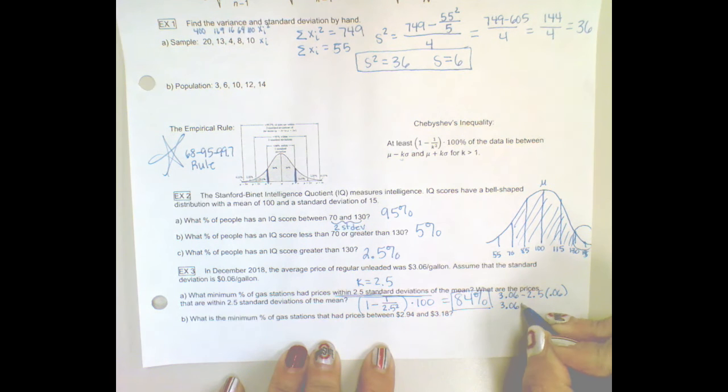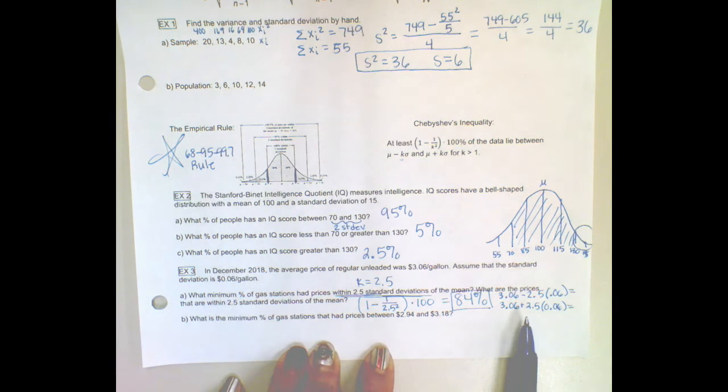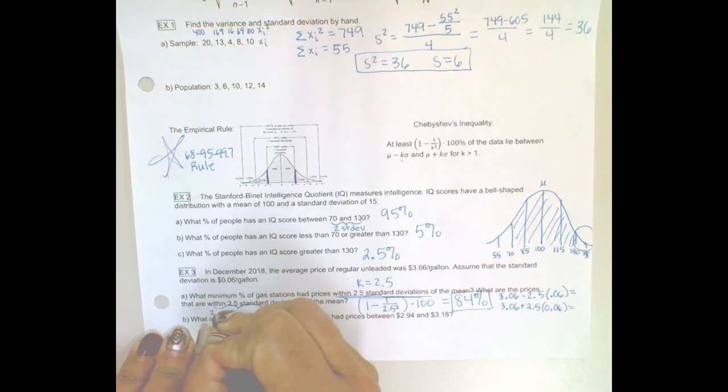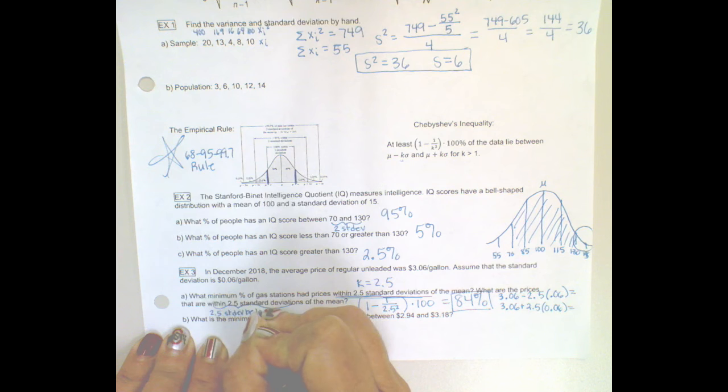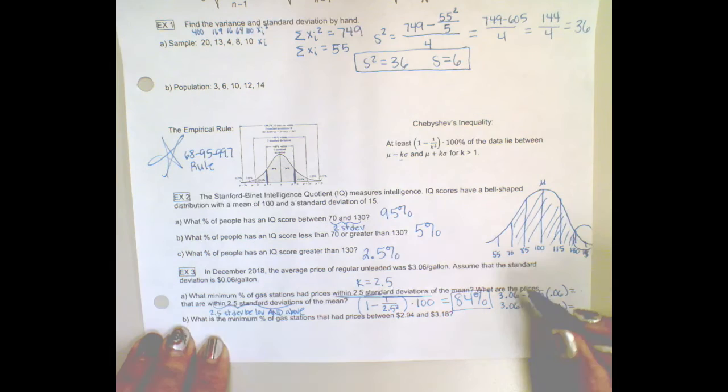The 2.5 standard deviations within, that means that I not only need to include the below the mean, but also the above the mean. So prices that are within 2.5 standard deviations means 2.5 standard deviations below and above. So for the below, here's what I do to calculate it.